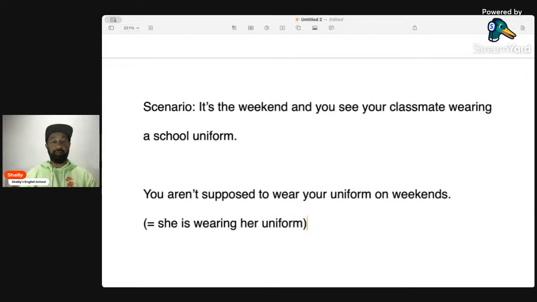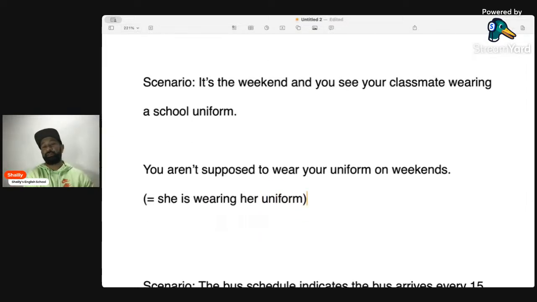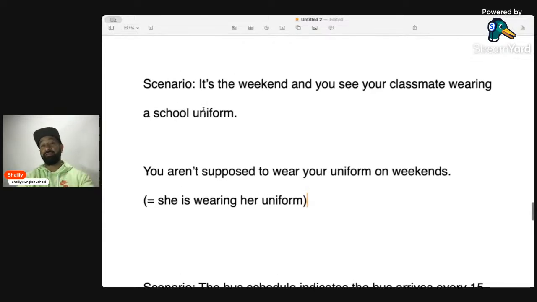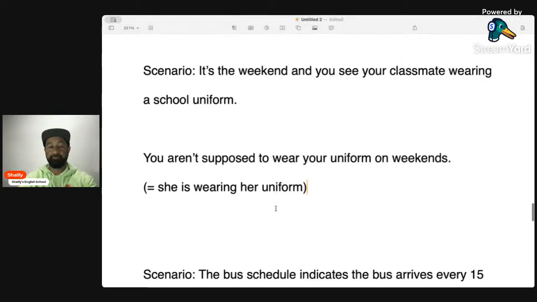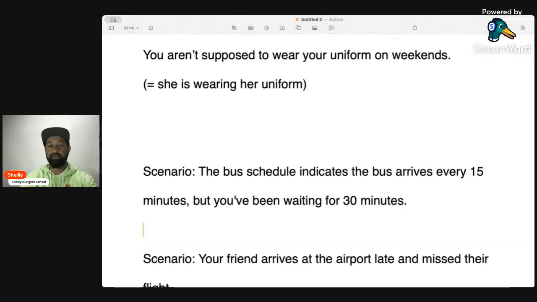So it's the opposite. You aren't supposed to wear a uniform on weekends equals, she is wearing her uniform. Remember, we could also have a negative sentence: you are supposed to, you aren't supposed to.